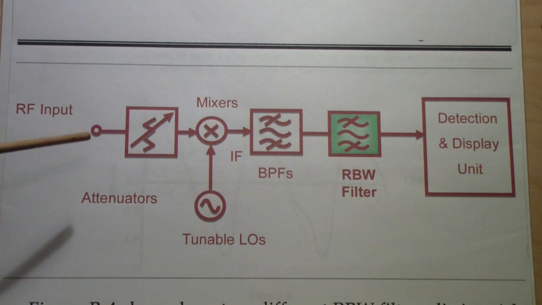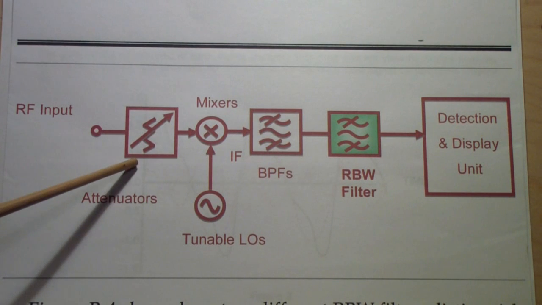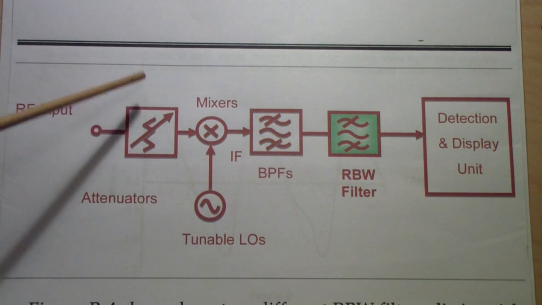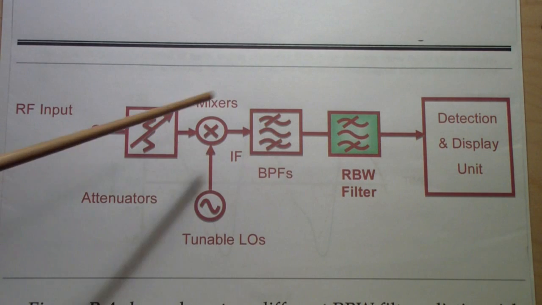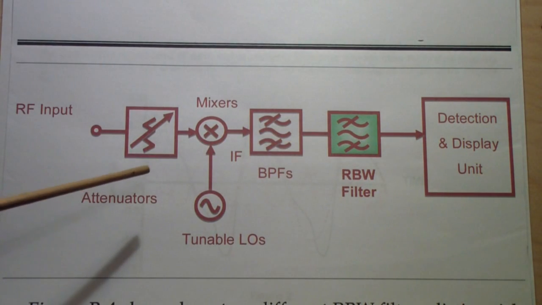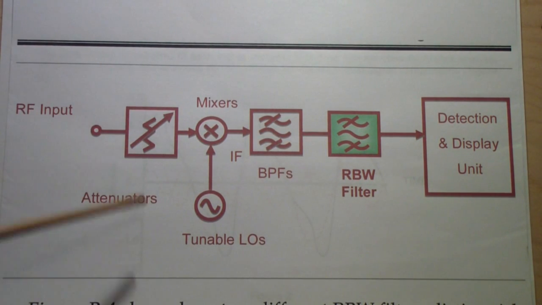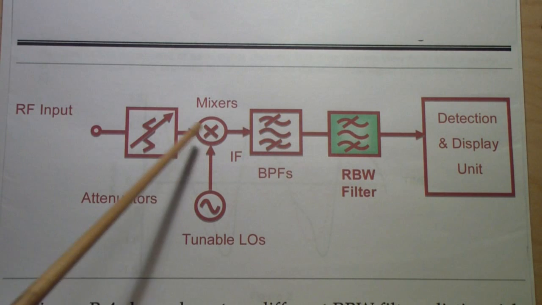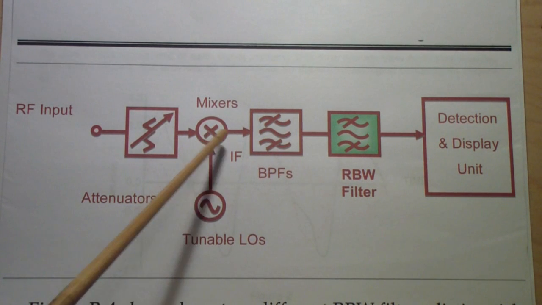But this is a typical spectrum analyzer with the RF input on the left. Normally there are a set of attenuators that allow you to adjust the amplitude of the signal so that it both will display within the range of the unit and also is convenient for whatever it is you're measuring. There are one or more tunable local oscillators that mix with the signal coming in.